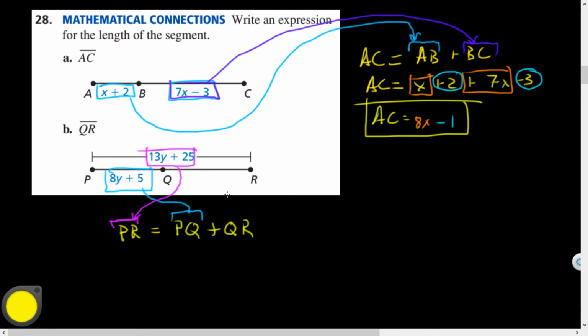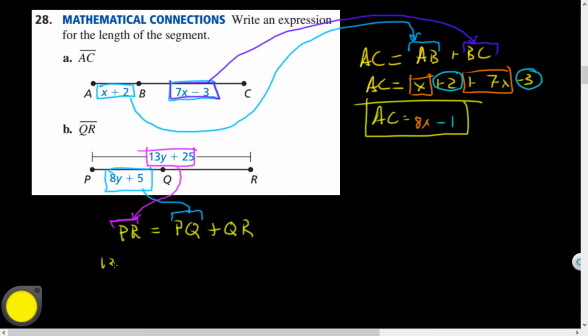Theoretically, I could do some subtraction before the substitution, or I could substitute and then solve for QR. It doesn't matter either way. Let's do the solving for QR post substitution.